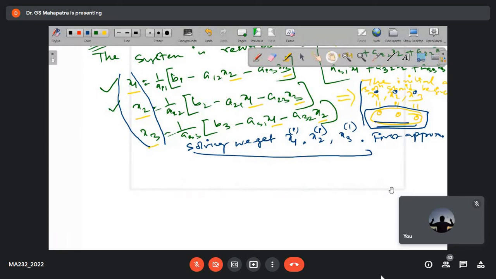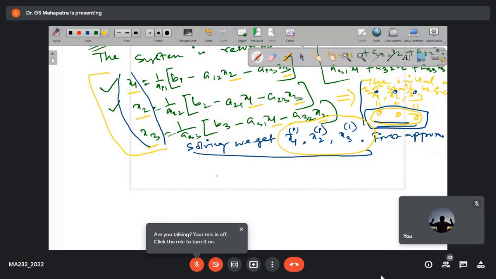Sir, we will substitute x1 1, x2 1, x3 1. Yeah. Since it is an iterative method, if you give this one in the next step as input and solve the above system, then you will get one more solution.